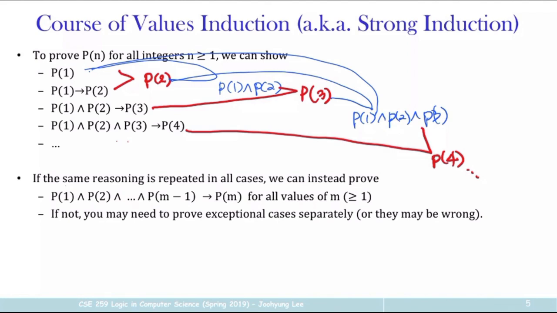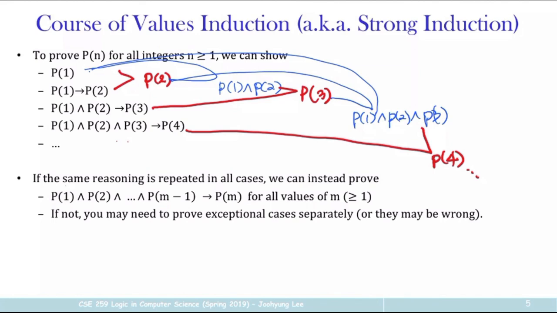Okay, so you may have to separate these as different cases. Okay, so you're proving the same formula. Okay, so this formula P of 1 up to P of n minus 1 implies P of n. You're proving the same formula, but you may have to split the cases when you use causal values induction. We'll see an example soon. Okay?